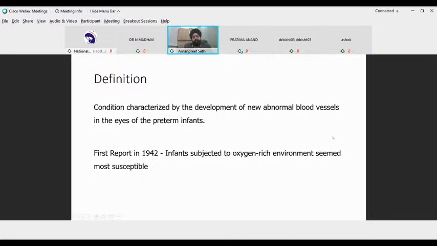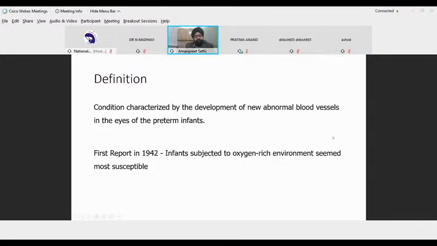So the definition is it is a condition characterized by development of new abnormal blood vessels in the eyes of the preterm infant. What do I mean by this is that these blood vessels are not normal.